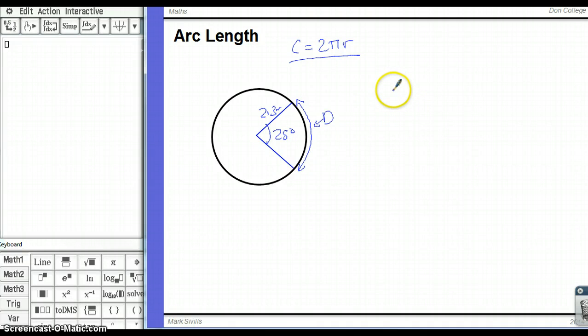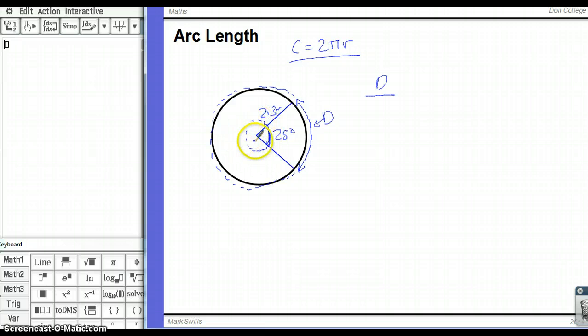Okay, so hopefully you've managed to figure something out. The key to solving this is to see that that distance D here out of the whole circle is the same proportion as this angle is here out of the whole amount of turn in the circle.